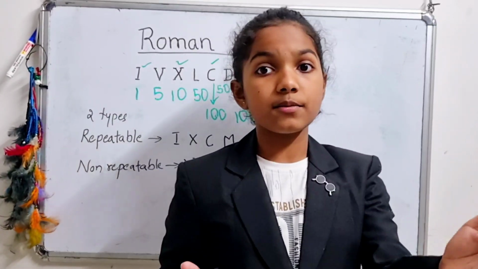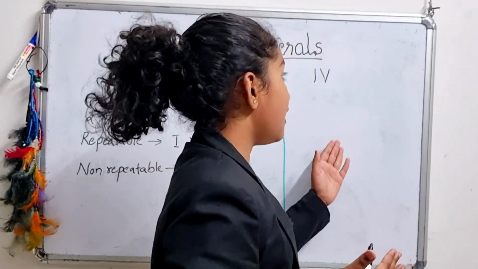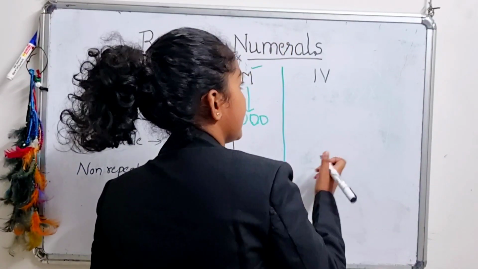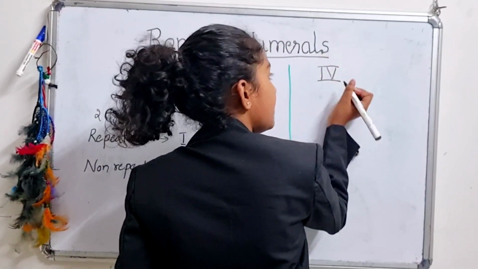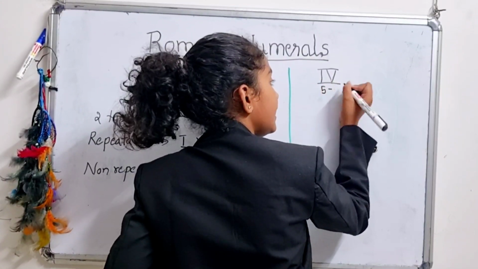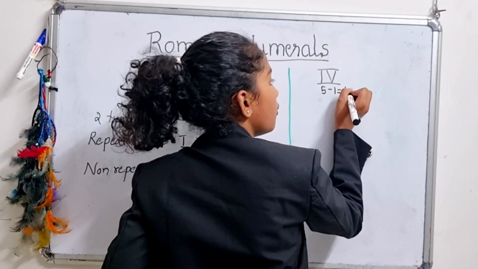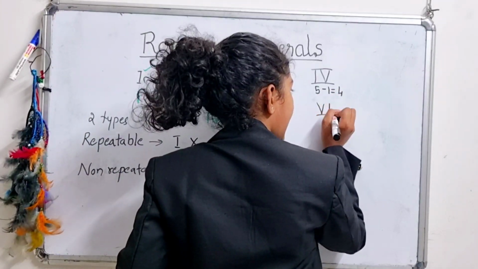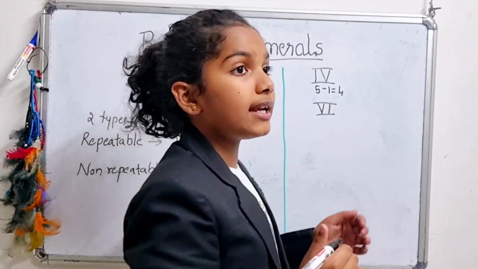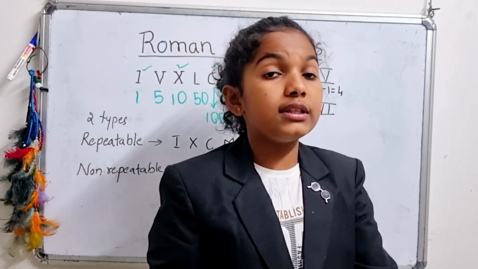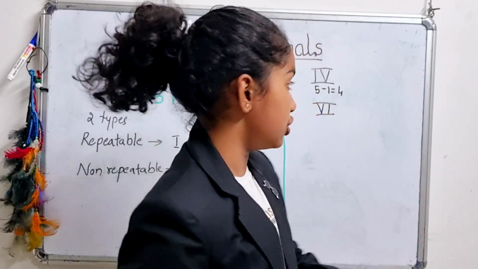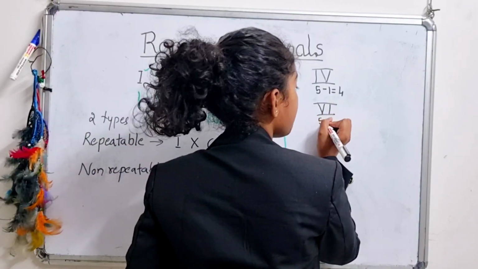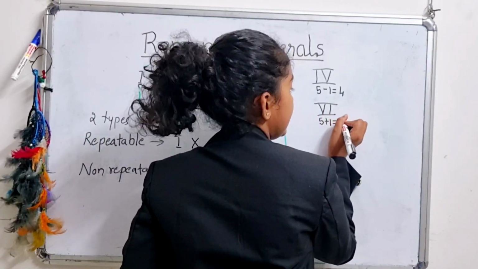Because when you write a smaller digit to the left of a greater digit, it is subtraction. It gets subtracted. So when you write like this, it basically means 5 minus 1 equals 4. And when you want to write 6, you write it like this. When you write a smaller digit to the right of a greater digit, it is addition. So this is basically 5 plus 1 equals 6.